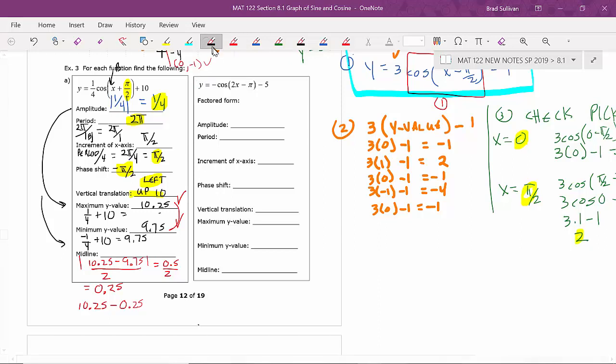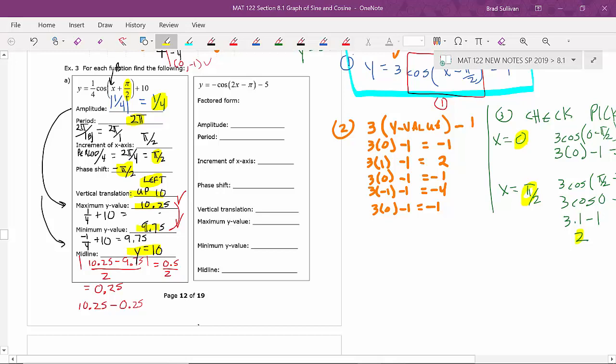So the midline you would get on this is y equals 10. You can do that a lot of times in your head. It's just what number is halfway in the middle of 10.25 and 9.75? That's 10. Okay, so that would give all the pieces of that problem.